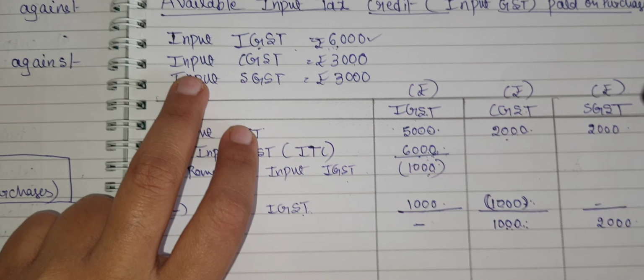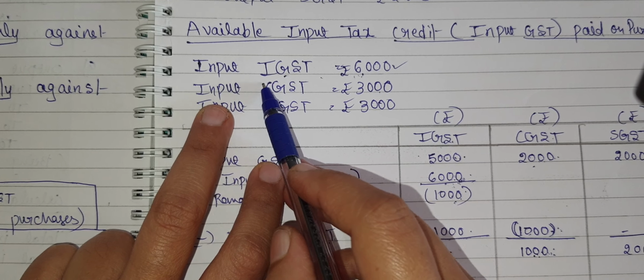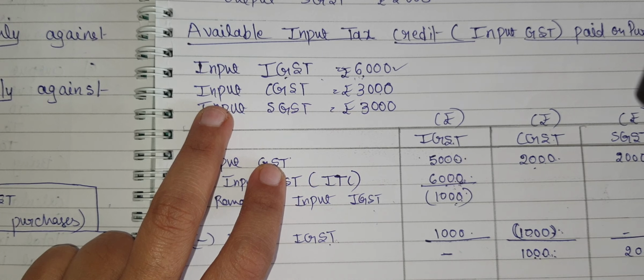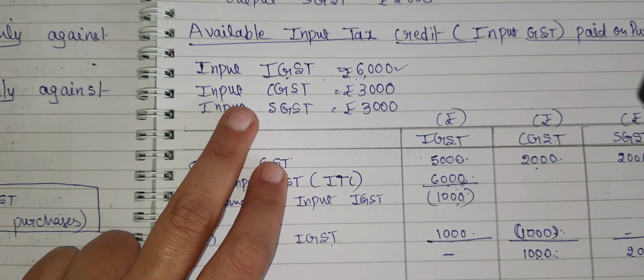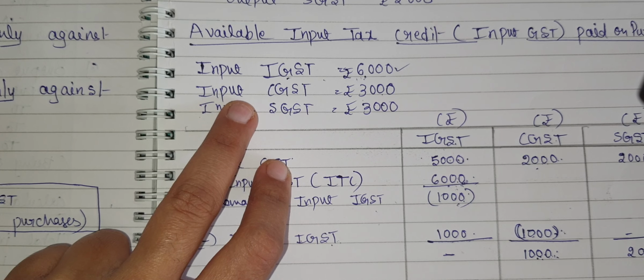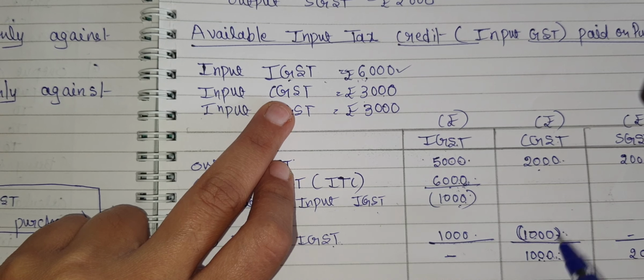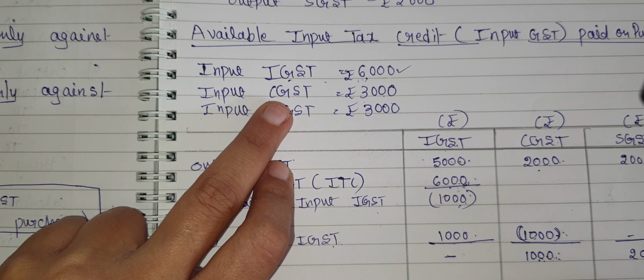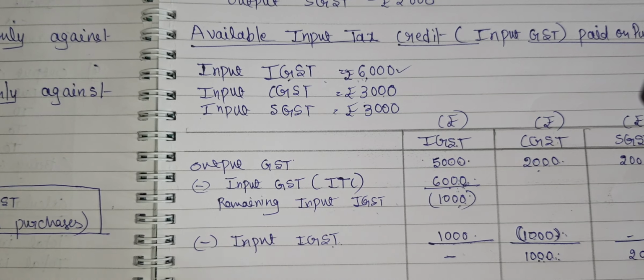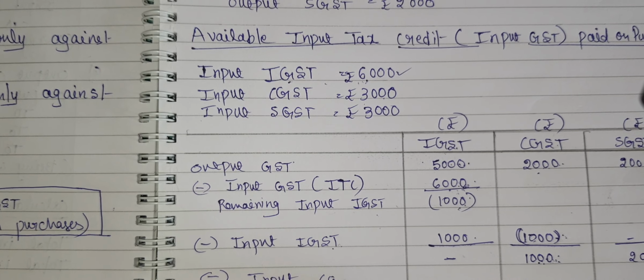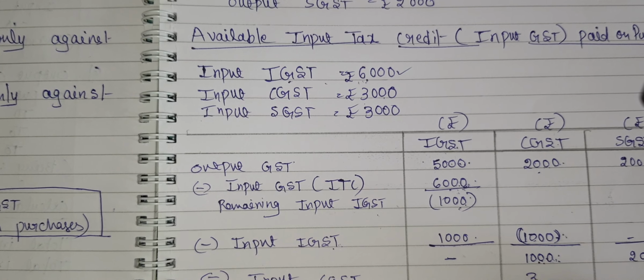Now we will have to check whether there is any input CGST. See here, there is input CGST of rupees 3,000. Now we have to utilize this amount of input CGST to set off against output CGST, that is, less input tax credit of rupees 3,000.